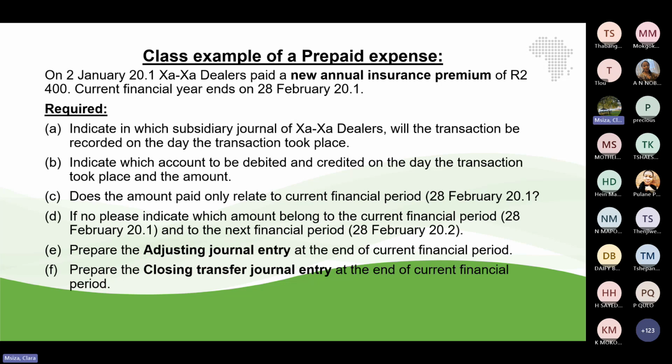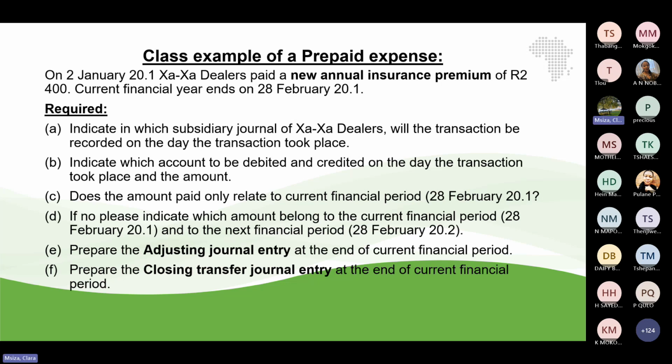Meaning, when is their 12 months period within this company? We have already given you their year end, meaning you need to identify what is the beginning of the financial year period. Because if you can't identify it now, you will struggle doing this assessment, answering these questions. Happy?